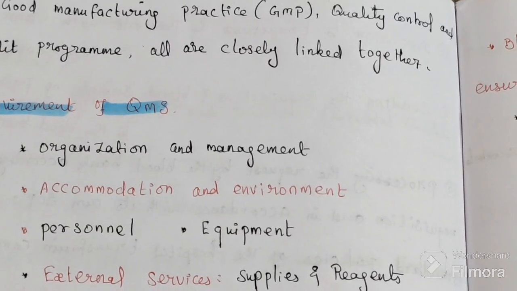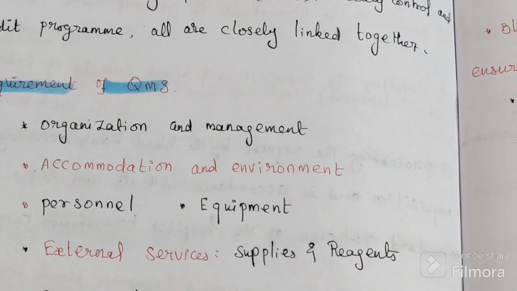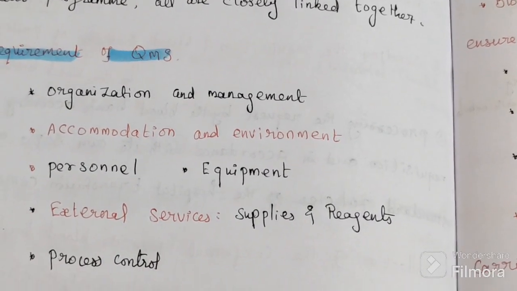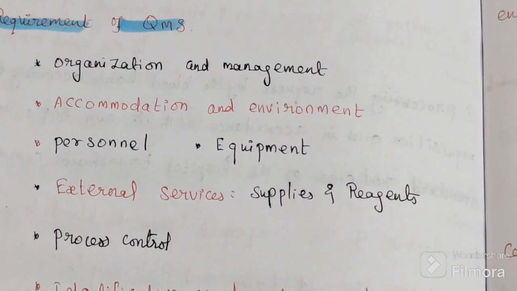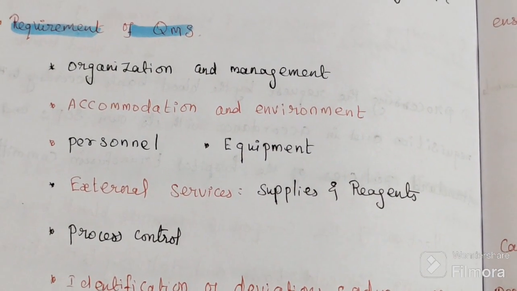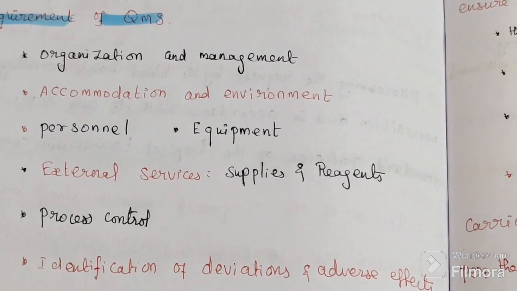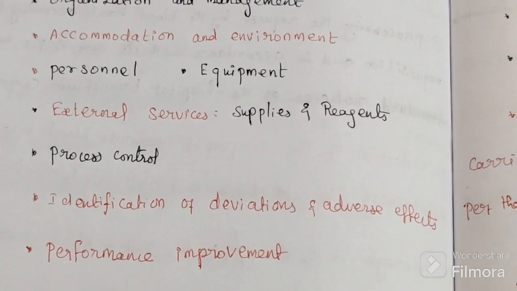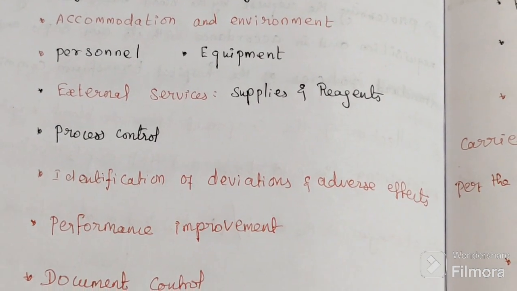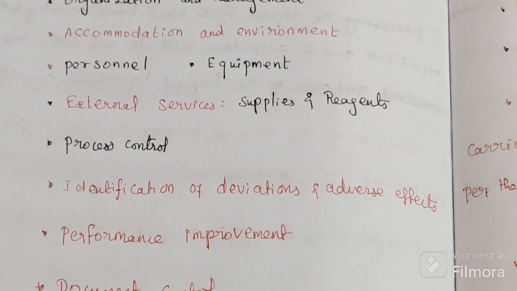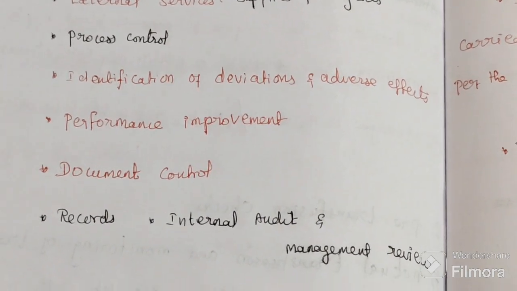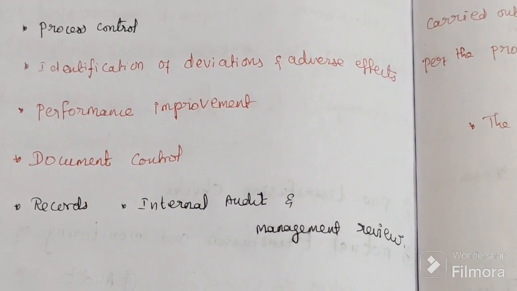Its components are organization and management, accommodation and environment, personnel, equipment, external services, supplies and reagents, process control, identification of deviation and adverse effects, performance improvement, document control, records, internal audit and management review.